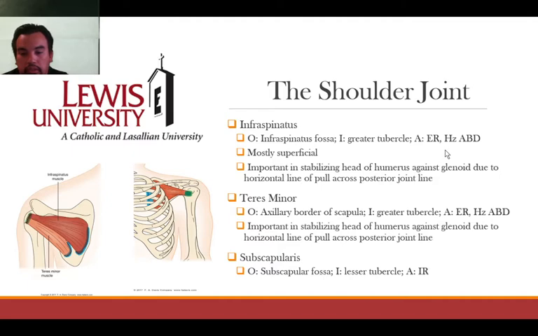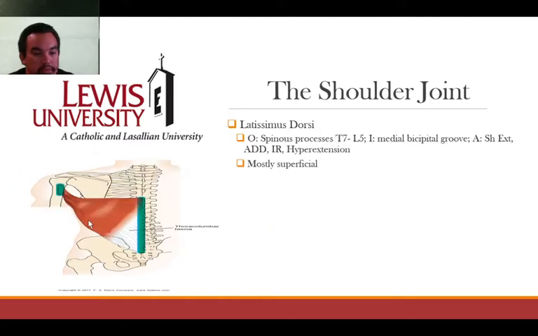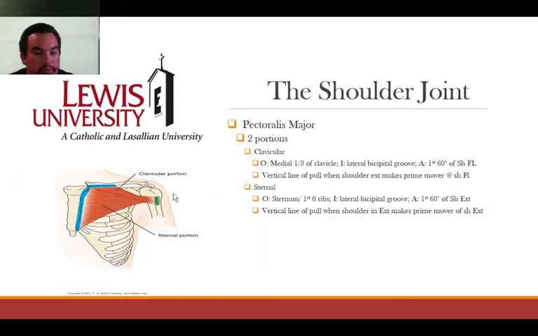So it externally rotates and horizontally abducts. It's mostly a superficial muscle, very easy to palpate as we'll learn in lab. It's important in stabilizing the head of the humerus against the glenoid because of its line of pull. So you can see how we have the supraspinatus pulling it on the superior portion, and we have this infraspinatus pulling it on the posterior portion. And then we have the pectoralis that pulls it on the anterior portion, right? You see that there, it's pulling it in.